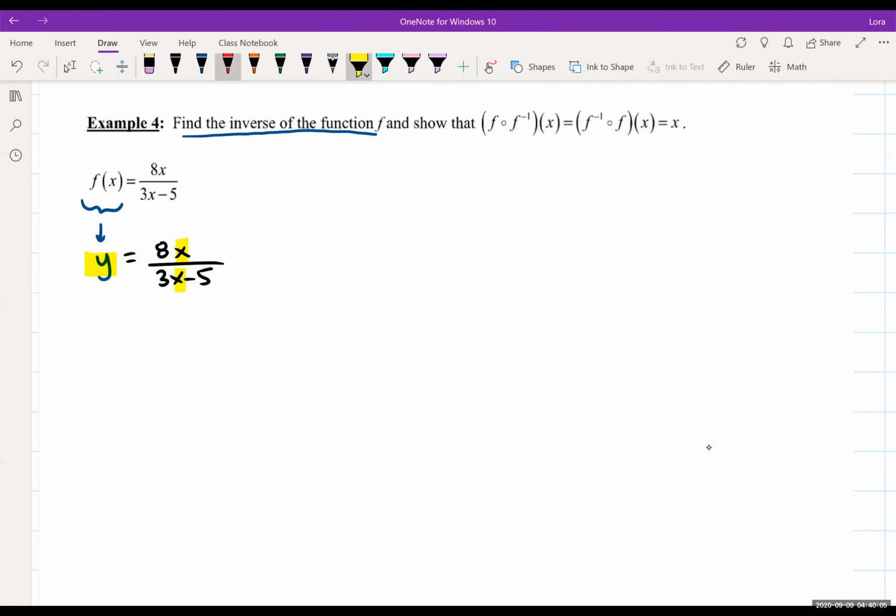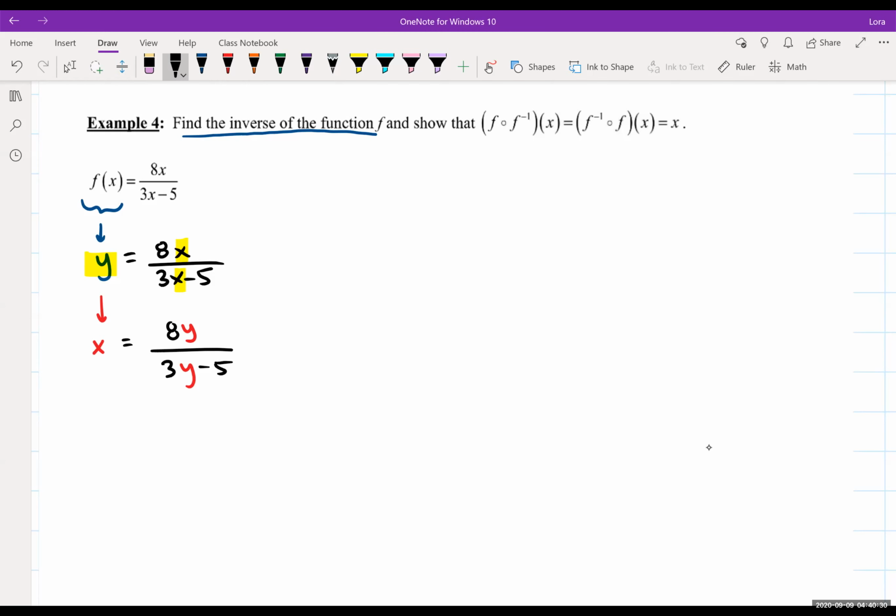So this y now becomes x, and all the x's now become y's. Now what we'll do is solve for the new y. So as we see, we have y in a couple of spots.